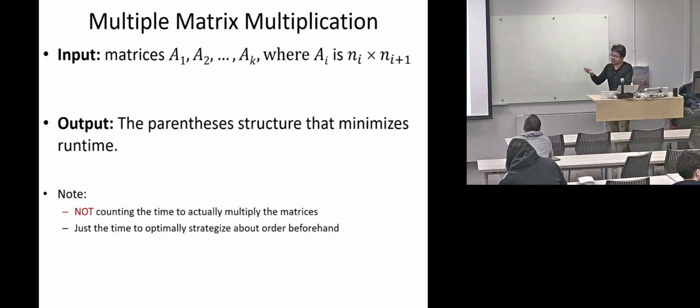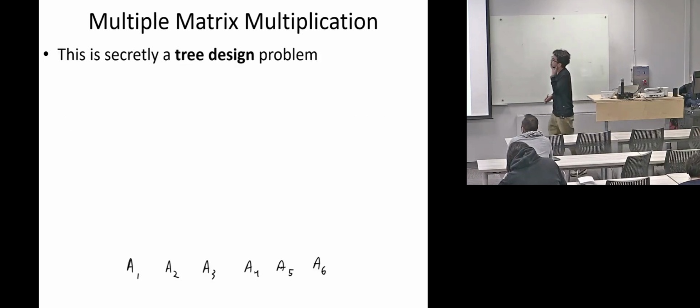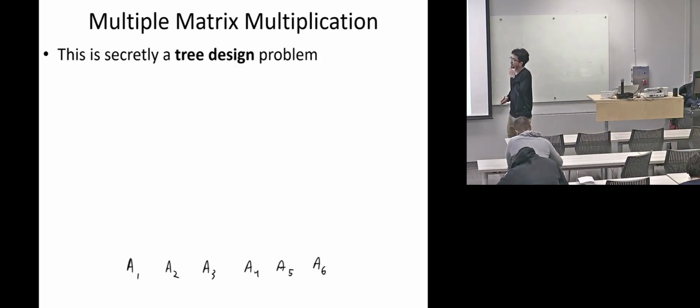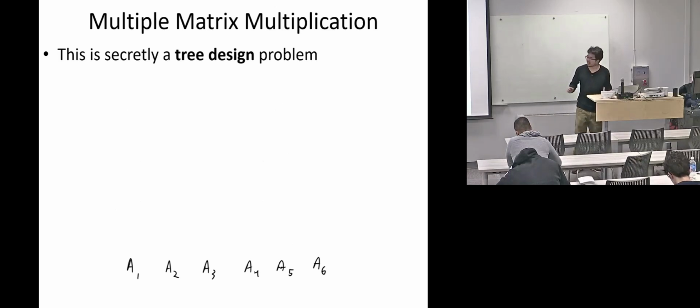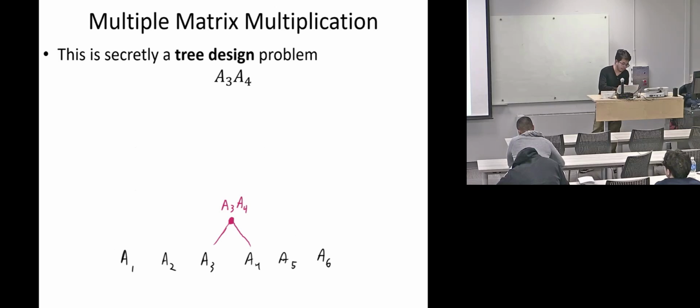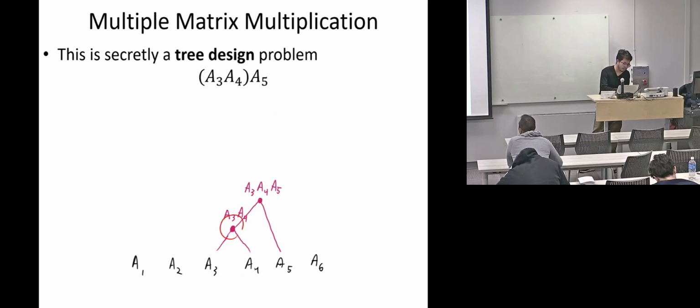But now let me tell you one first observation. That is, this problem is secretly a tree design problem. Because what we want to do is ask what to multiply together first. Maybe I want to multiply this pair together first, and then maybe use this one, multiply with this. Okay. And so on.